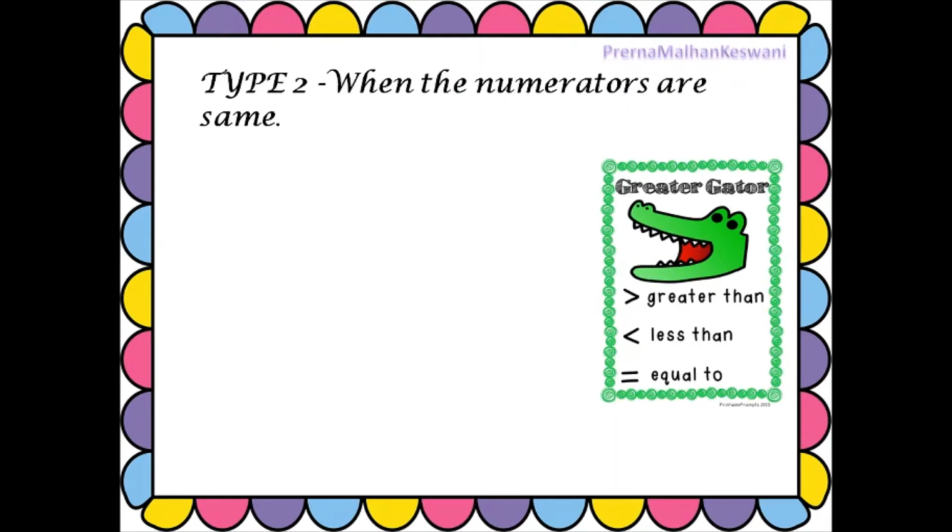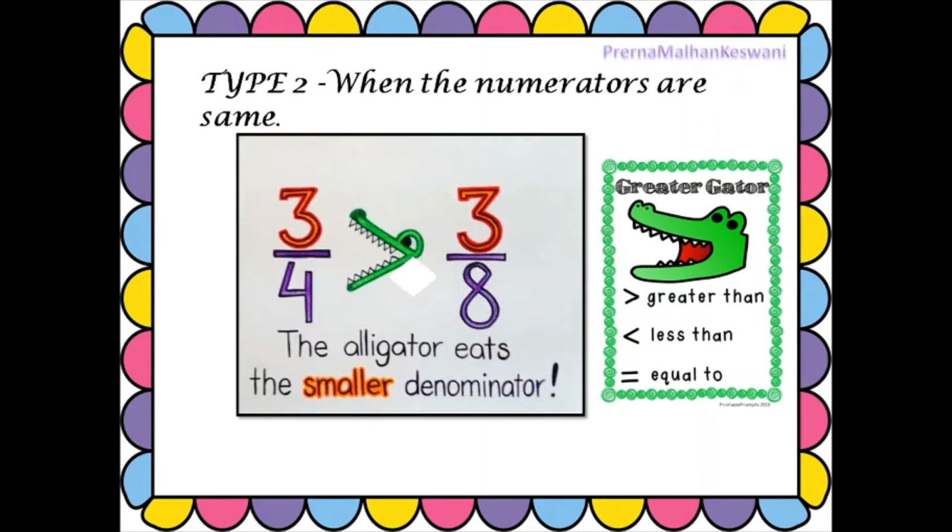Now let's move to the type 2, when the numerators are same. In the previous type, we have seen that when the denominators are same, we check the numerators. But what if when the numerators are same? When the numerators are same, like in this question, 3/4 and 3/8.